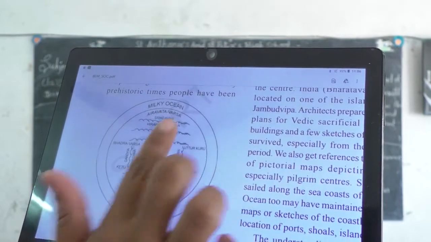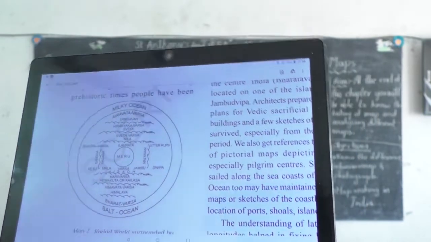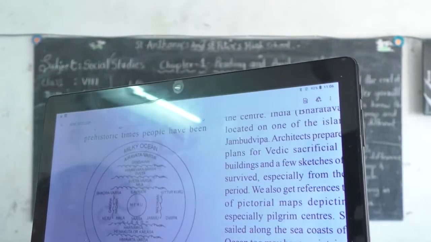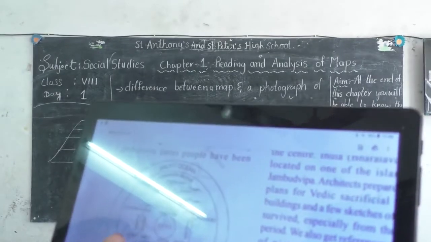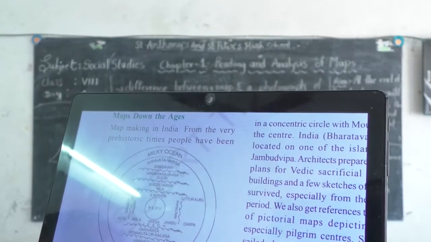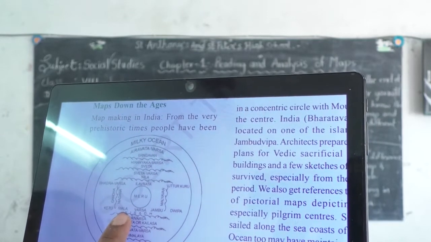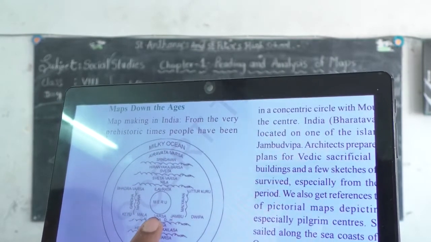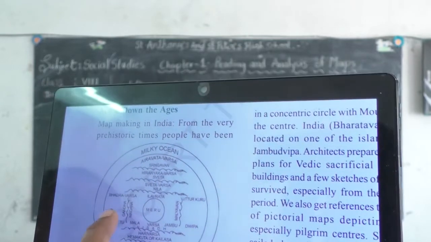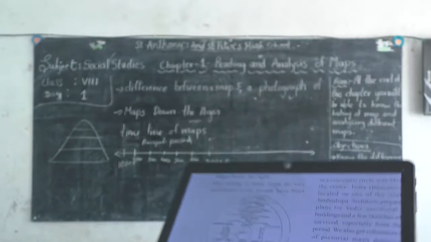And here the Milky Ocean is nothing but the Arctic Ocean in the north. And here you can observe the continents are considered as Jambudvipa and Kuru, Mala and Varsha. These are the continents, and again these are the mountain regions.